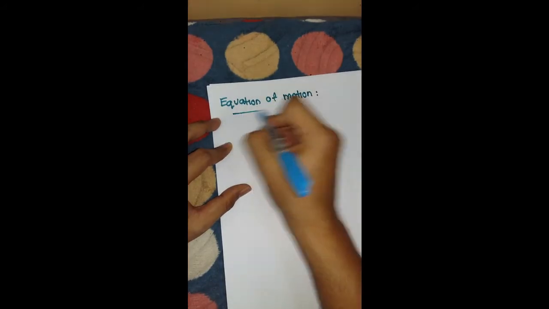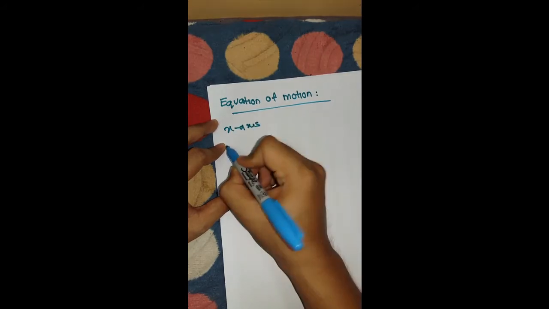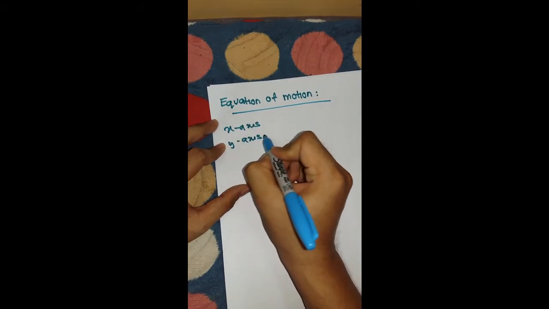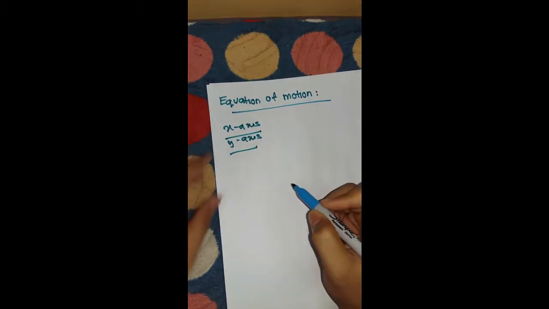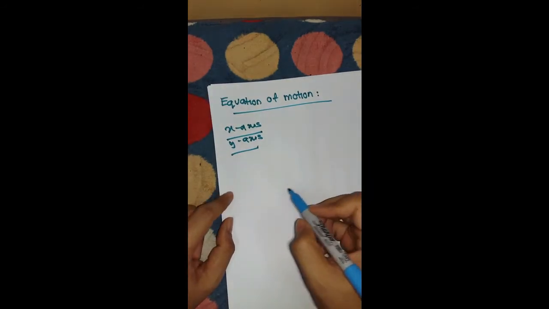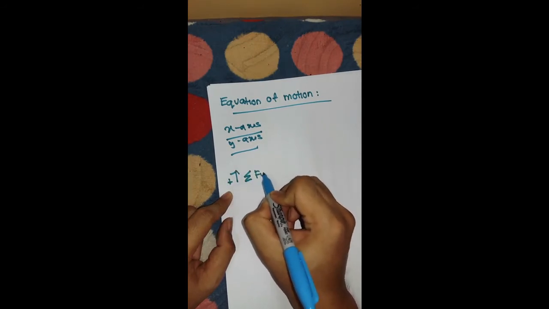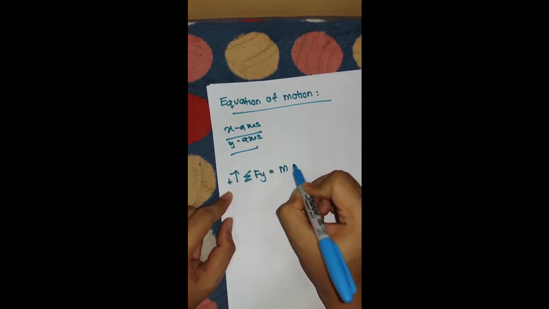For the equation of motion here, we have the x-axis and y-axis. So we're going to start with the y-axis. Summation of Fy equals may.